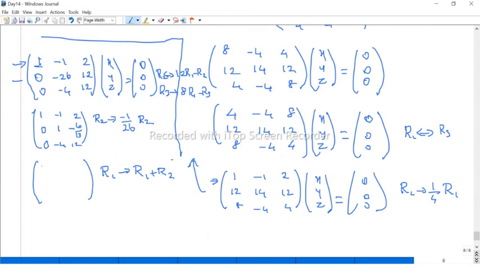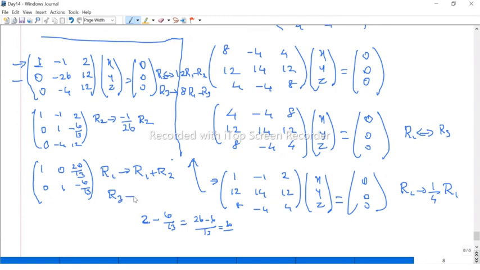So 1 plus 0 is 1, and minus 1 is 0, and what is this? 2 minus 6 by 13 is nothing but, just cross multiply, 26 minus 6 by 13, which is nothing but 20 by 13. Now we can keep the second row, 0, 1, minus 6 by 13.